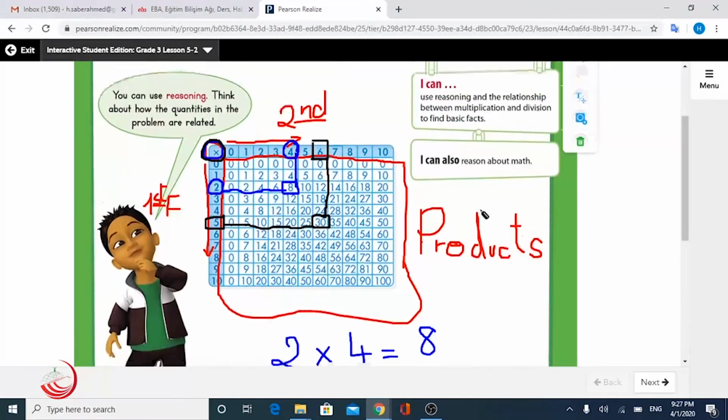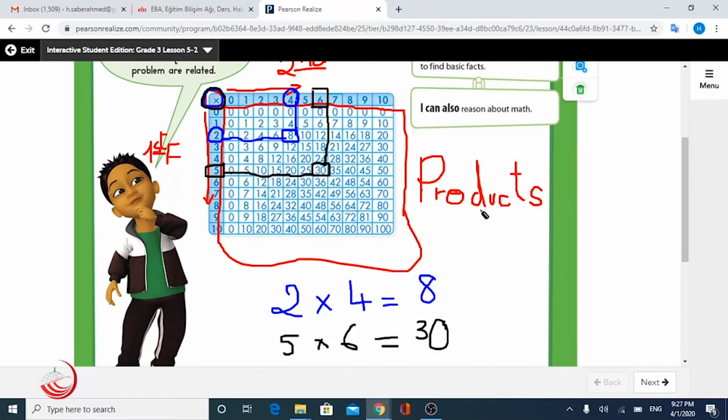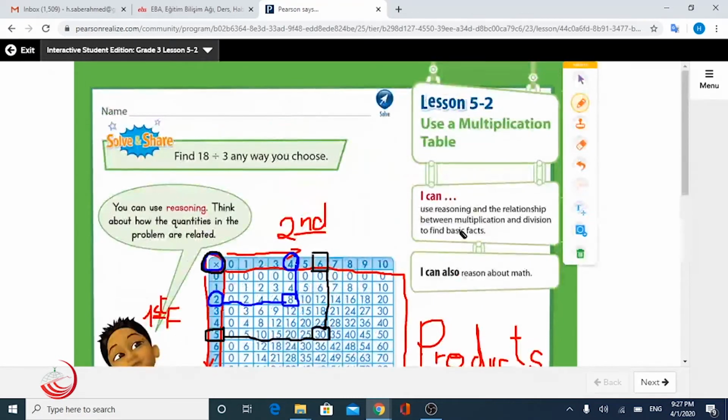Now, how can I use the table for division? If I have a division problem, what will I do? Let's put this example. Let's use another color, the purple.